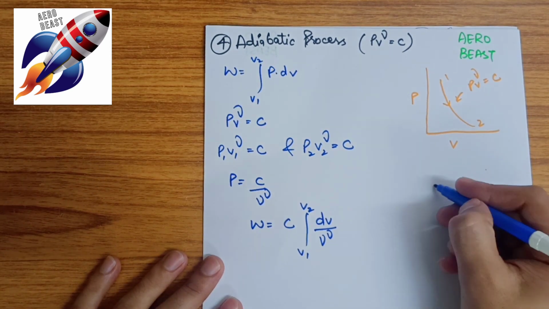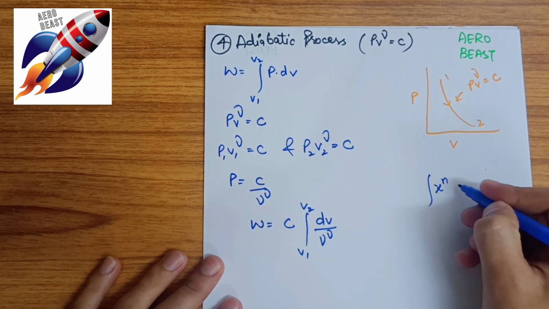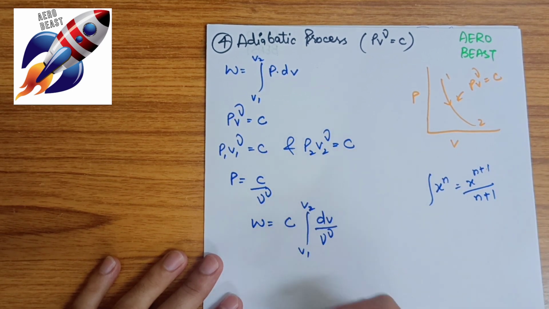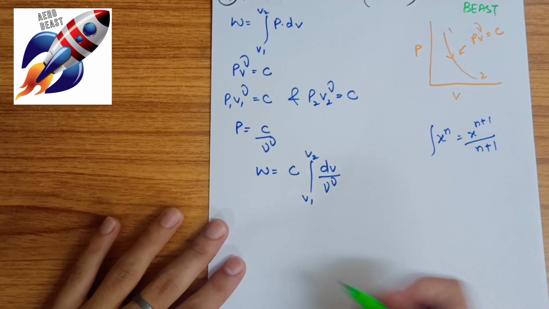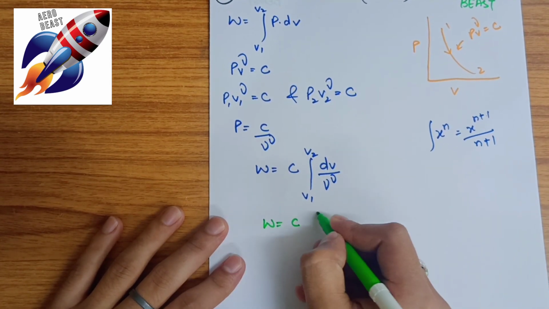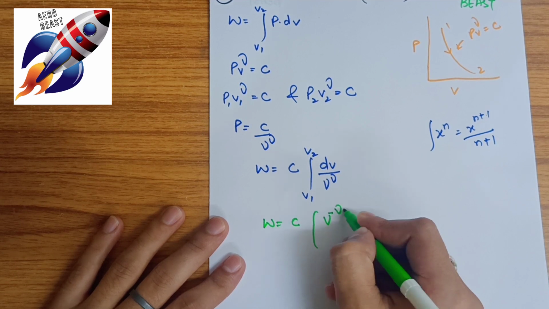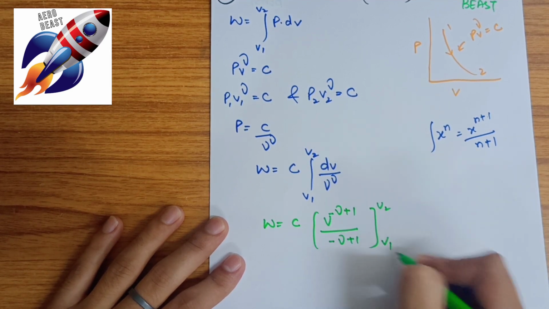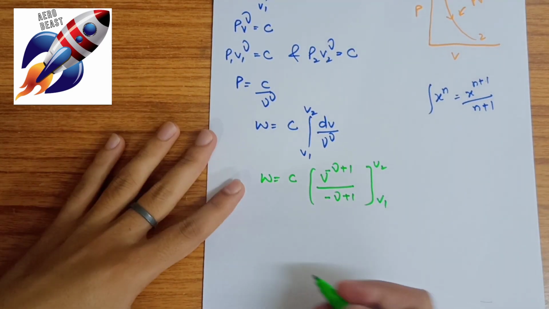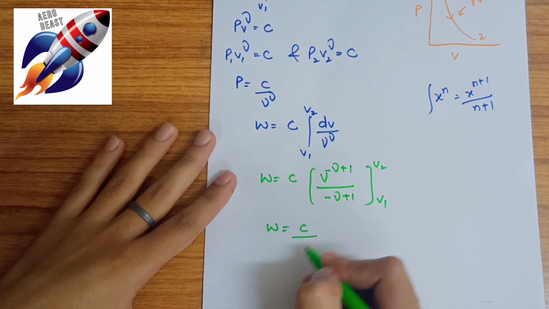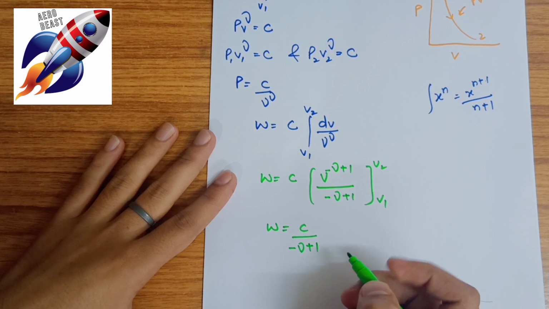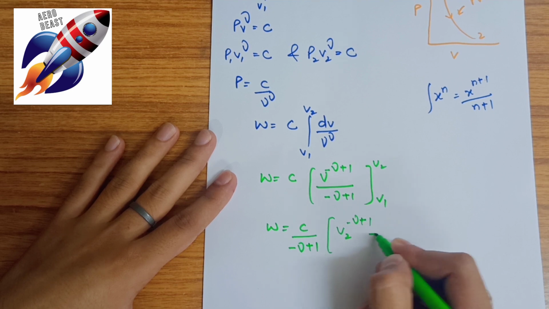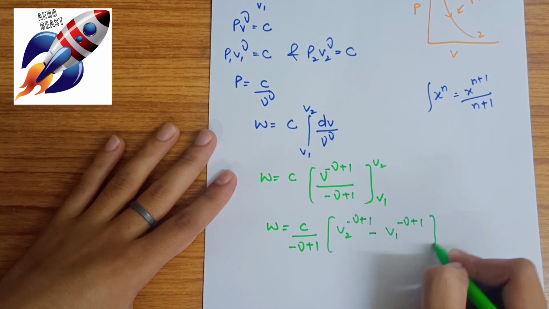As we know, the integration of x raised to power n is equal to x raised to power n plus 1 divided by n plus 1. Here we have to apply this formula. So W is equal to C V^(−γ+1) over (−γ+1), evaluated from V1 to V2. So W is equal to C over (−γ+1) times V2^(−γ+1) minus V1^(−γ+1).